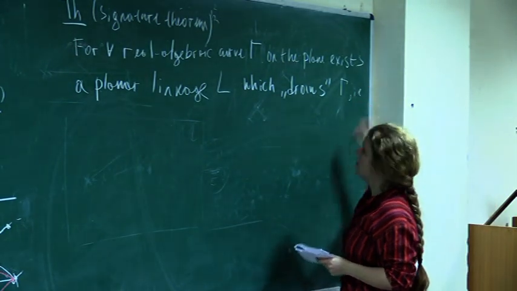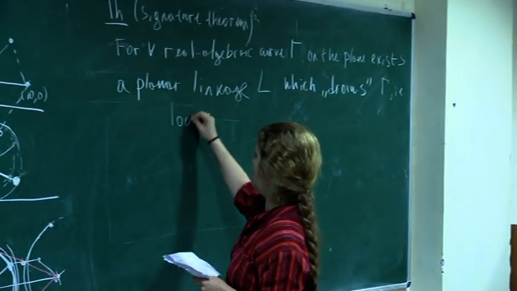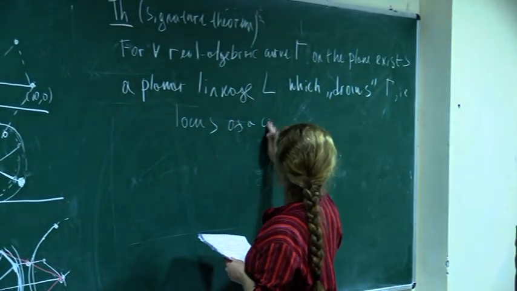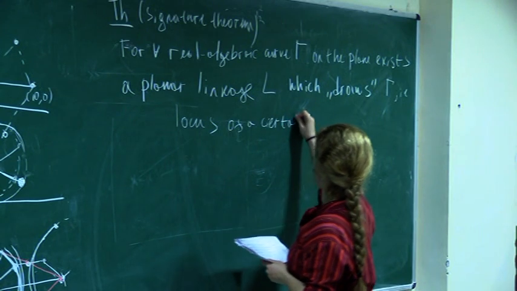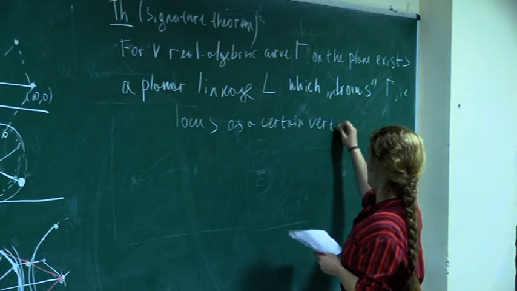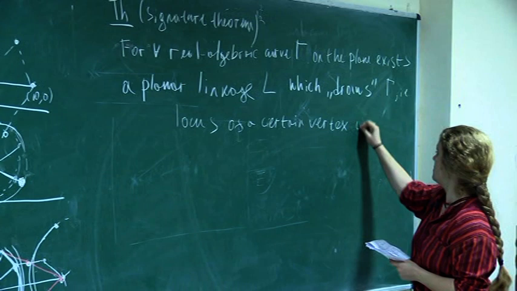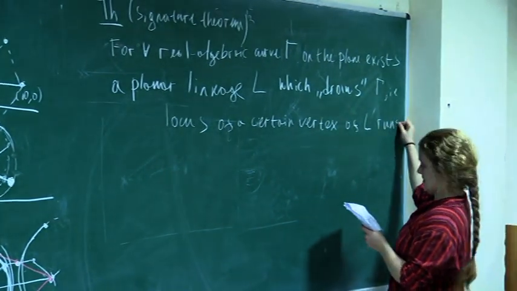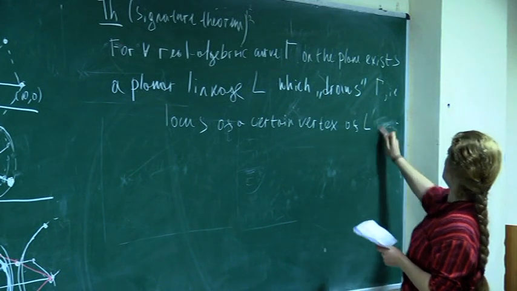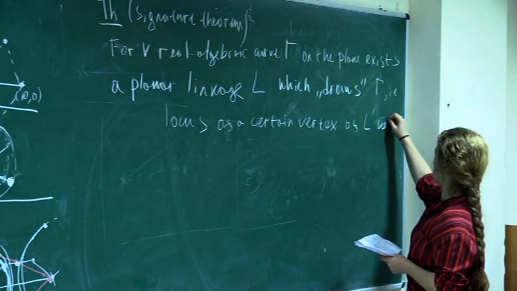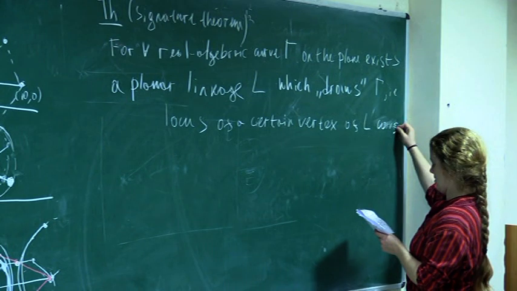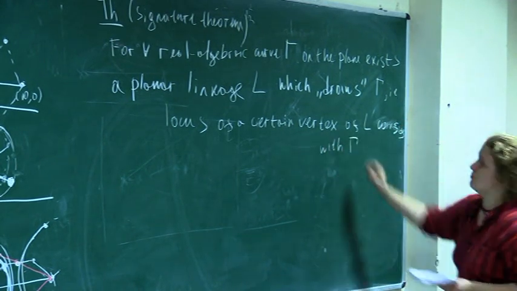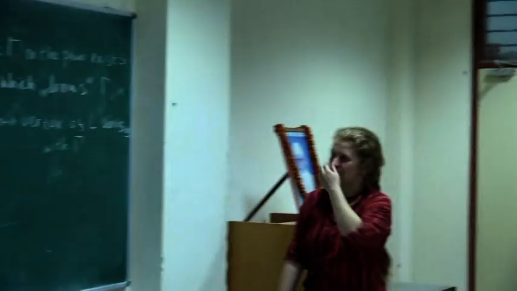That means the locus of a certain vertex of L coincides with this curve. Why is it called the signature theorem?